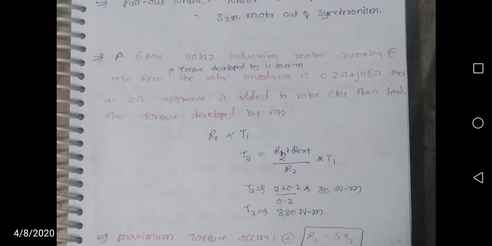Actually we know that torque is directly proportional to rotor resistance. So the initial torque T1 is proportional to R2, and T2 is proportional to R2 plus R external.